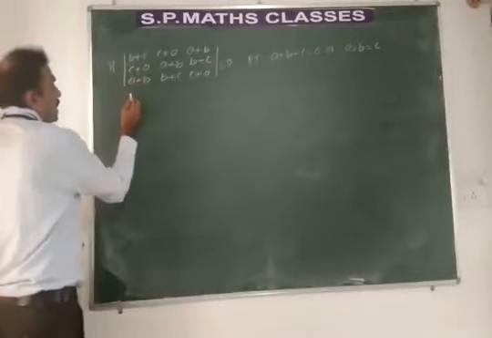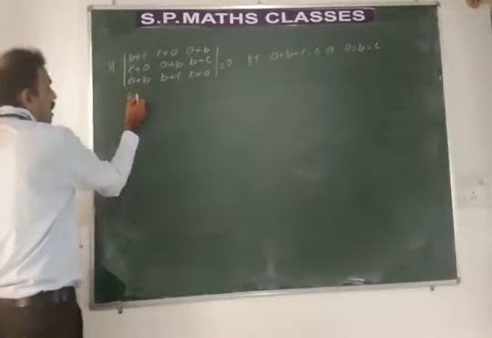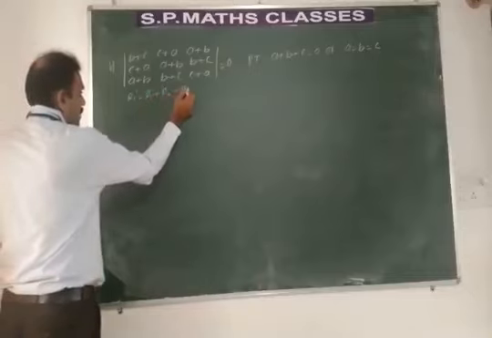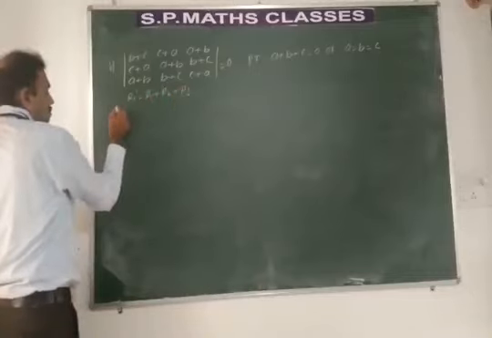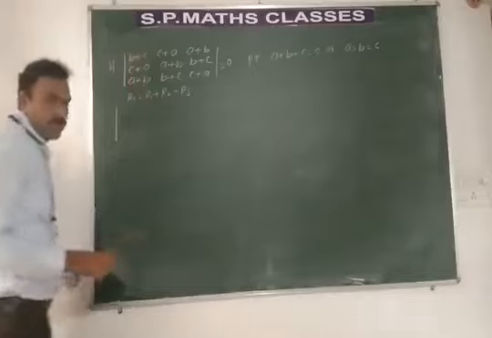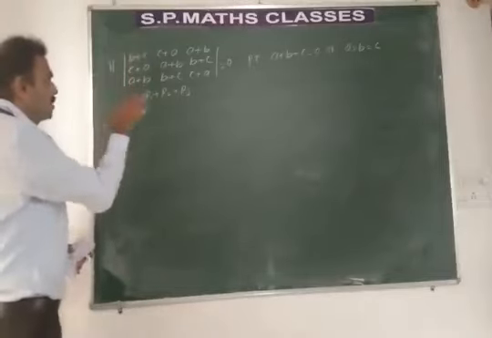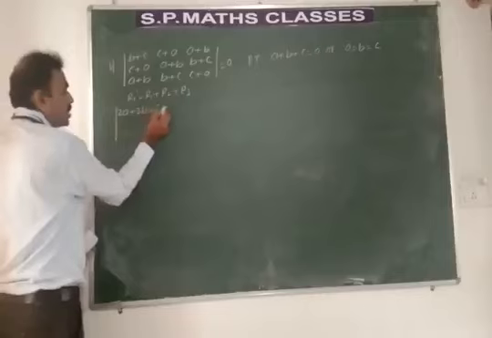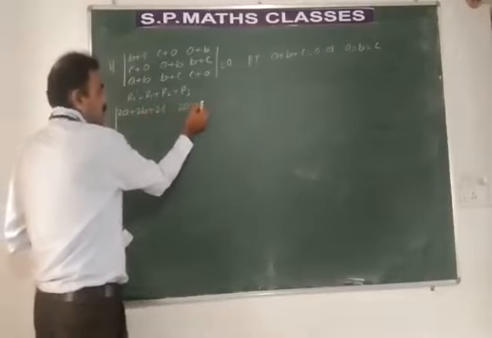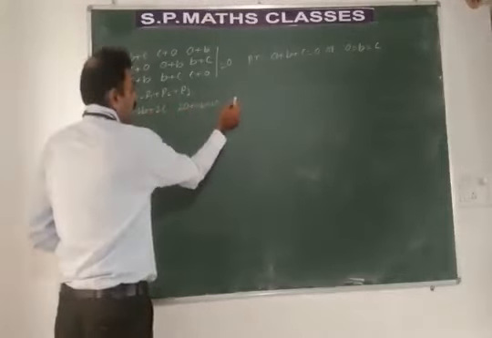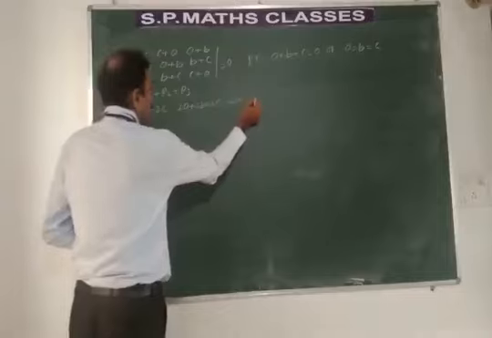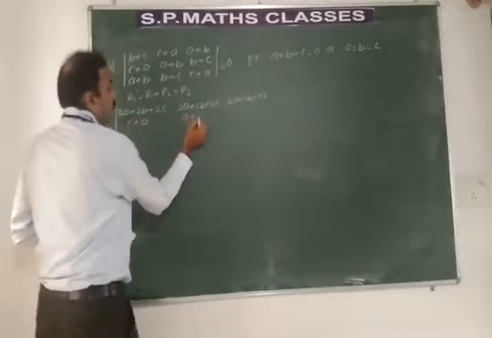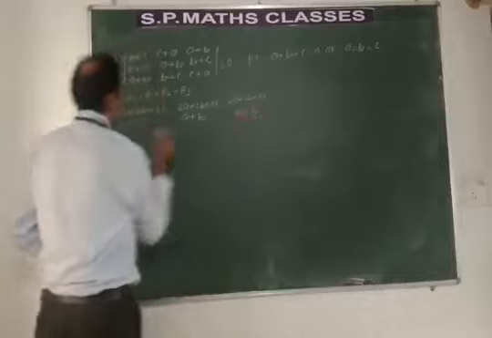So let us take here R1 dash, R1 plus R2 plus R3. What happens when you add row wise? 2a plus 2b plus 2c, you get 2a plus 2b plus 2c here also, 2a plus 2b plus 2c there also. Second row, c plus a, a plus b, b plus c.